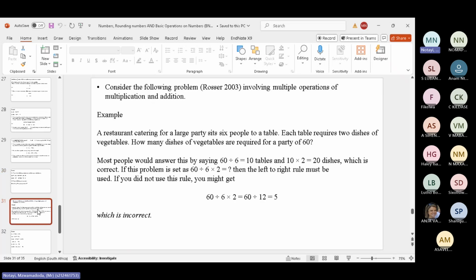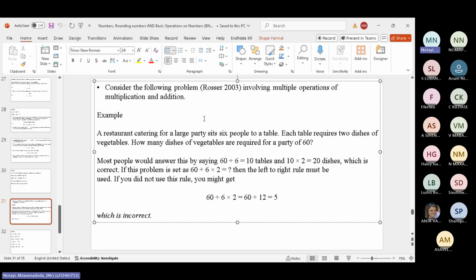Okay, consider the following problem involving multiple operations of multiplication and addition. It's actually multiplication and division. There's no addition. A restaurant catering for a large party sits 6 people to a table.